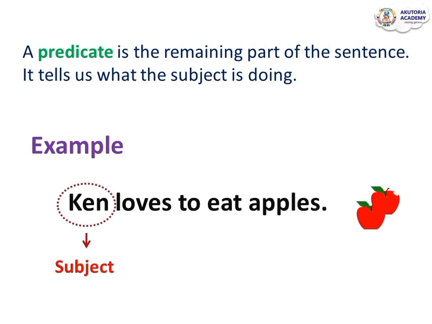So our predicate is the remaining part of the sentence: loves to eat apples. A predicate tells us more about the subject. So every complete sentence should have 2 things: a subject and a predicate.